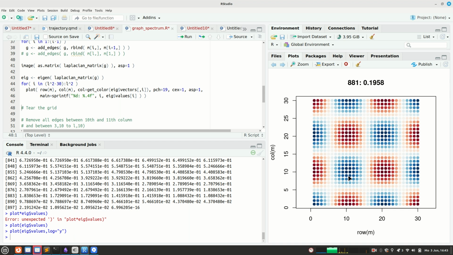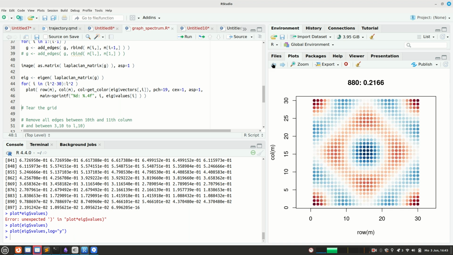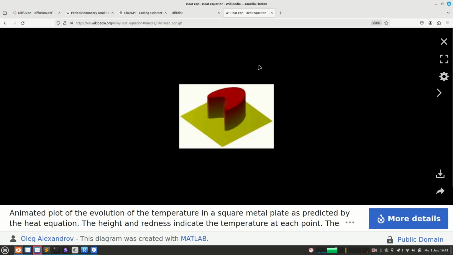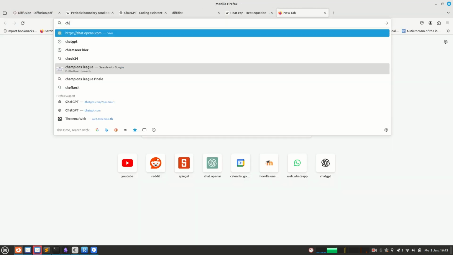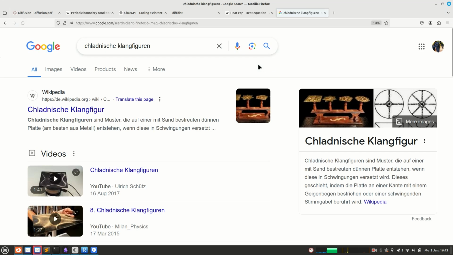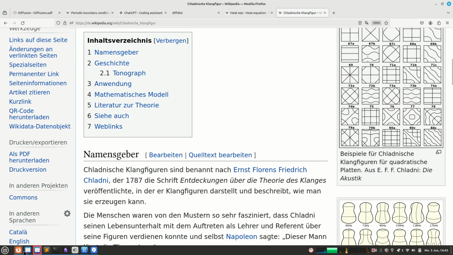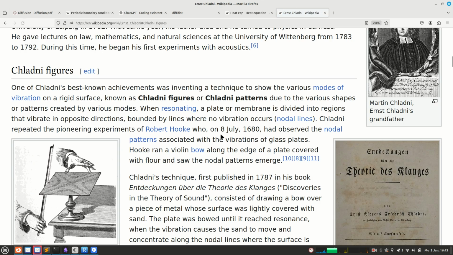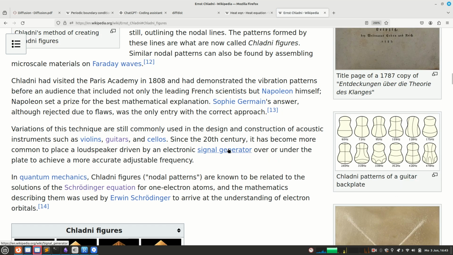This is why these pictures that I show you here on my graph, all these here, you might have seen them before under a completely different name, namely Chladni sound patterns.